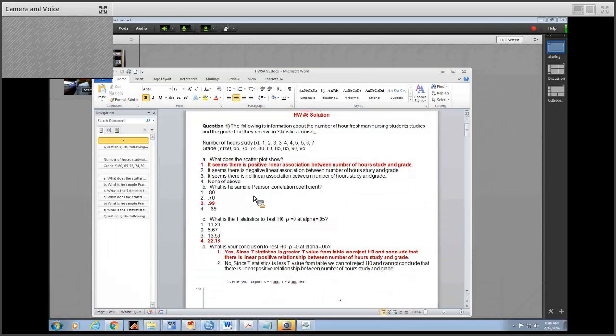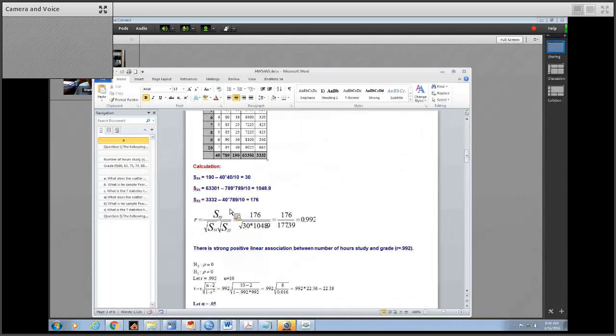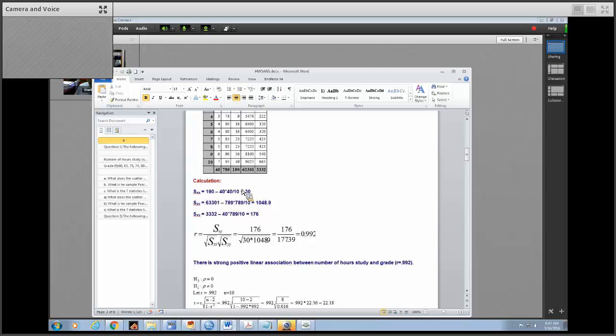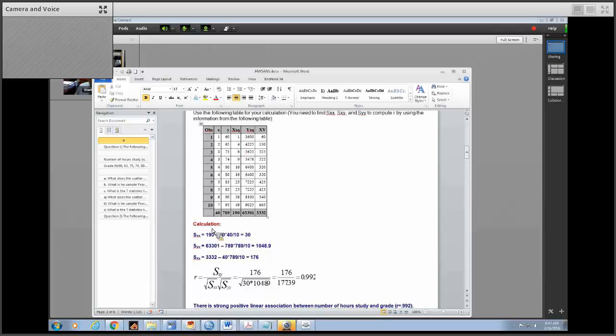Calculating the sample Pearson correlation coefficient, the correct answer was 0.99. There are two ways you can do that. As I mentioned in the tips, I use this formula: r equals SSxy over the square root of SSxx times SSyy. For SSxx, I have 190 minus 40 times 40 divided by 10, and I got 30.